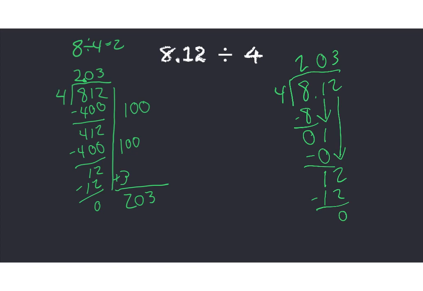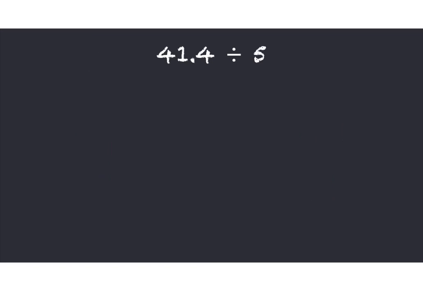However, we need to place the decimal. So when you're dividing using the standard algorithm, all you need to do is take the decimal from your dividend and move it up into your quotient. So as long as you lined up everything correctly, all you need to do is move your decimal up into your quotient. So this is how you do the standard algorithm or partial quotients.